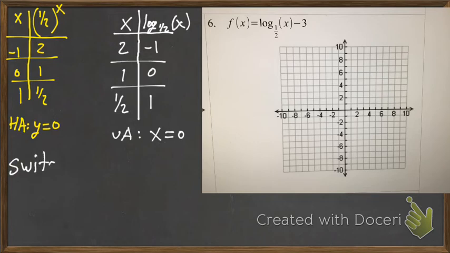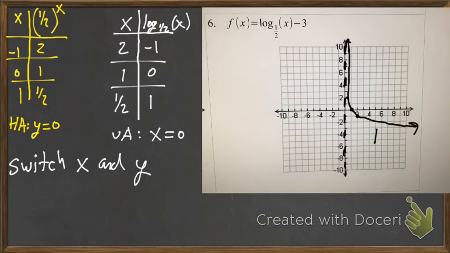And again, just as a reminder of how we do this, we switch the x's and y's. So there's your vertical asymptote. We'll plot your points and connect your dots, and there is log base 1 half of x. Now we're ready to do the transformation. You have a minus 3 that's outside the log function, because that's going to control up or down.